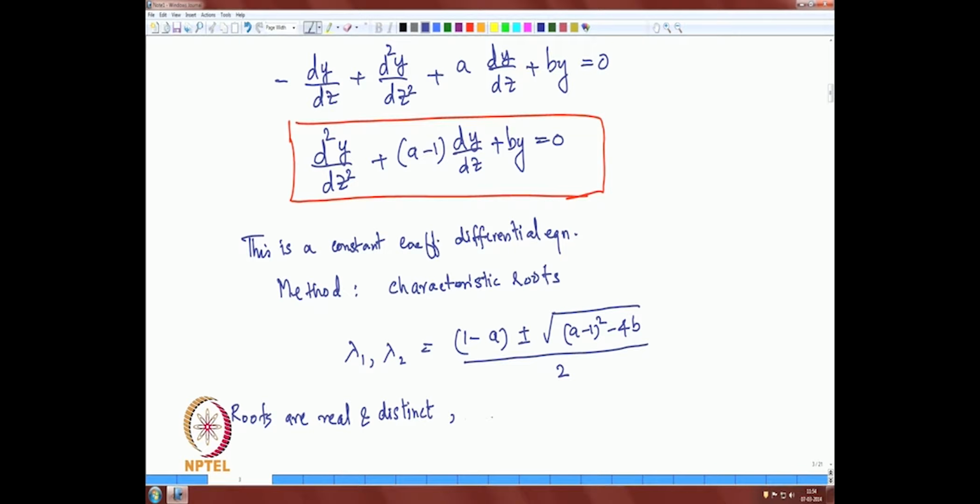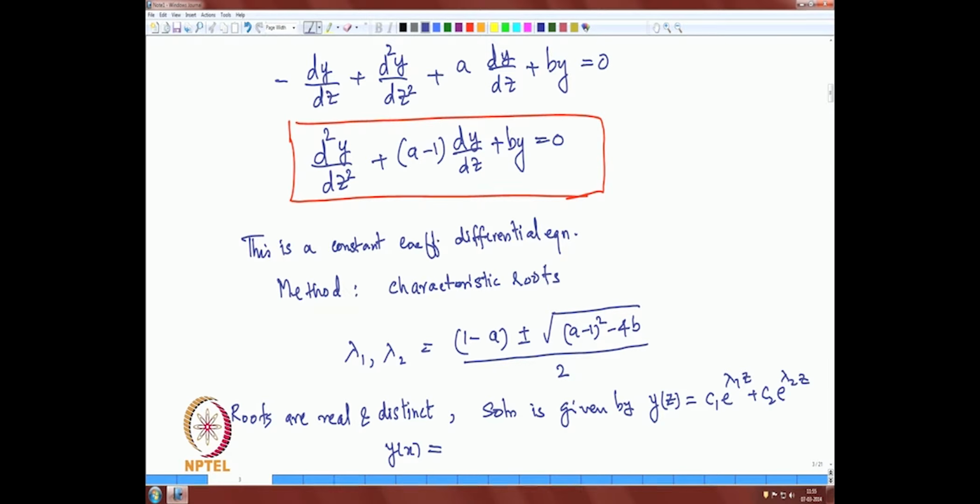Then the solution is given by y of z, remember the independent variable is now changed to z, y of z is given by c1 e to the power lambda 1 z plus c2 e to the power lambda 2 z. And again, if I want to change it back in terms of x, use the transformation.